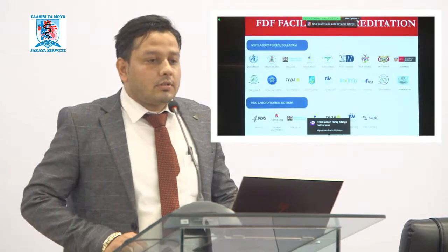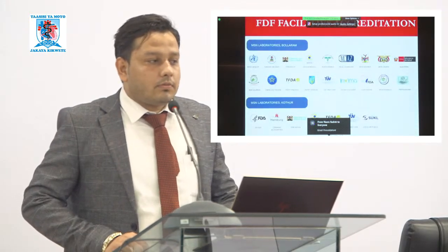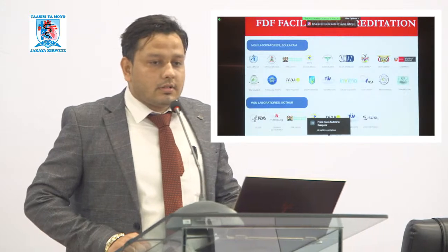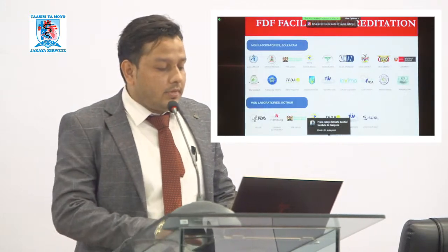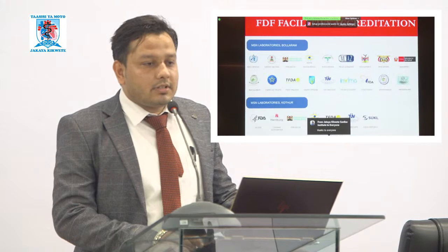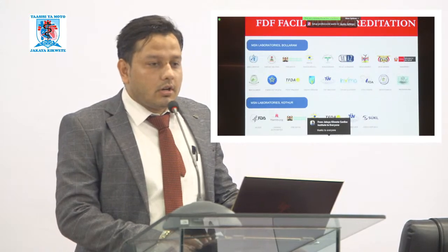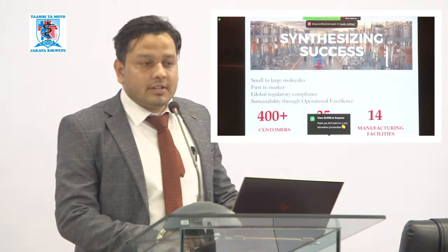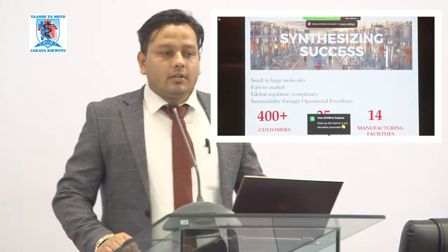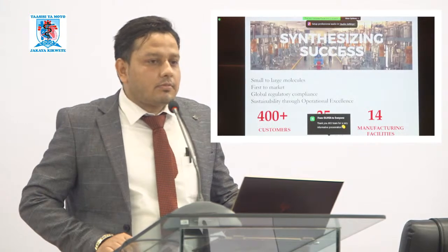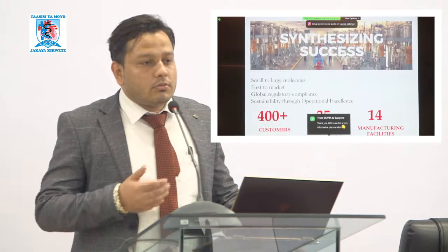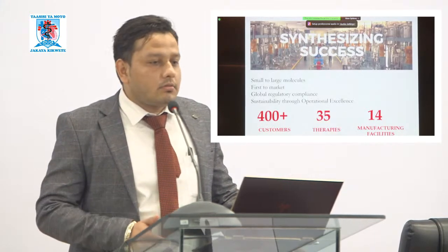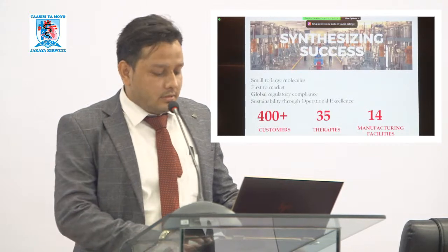These are the special approvals from different drug authorities across the globe, and you can find TFDA here because we are also approved by TFDA. And these are the active pharmaceutical ingredients. We believe in research for better medicines, from small molecule to bigger molecule, and single molecule to combination molecules.